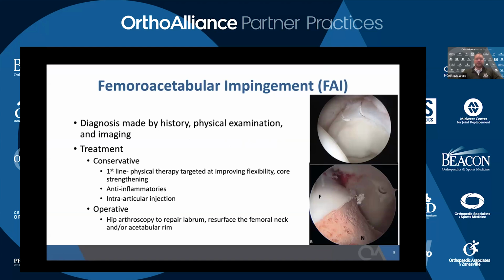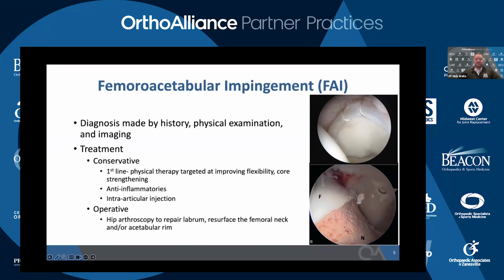And then in this condition in particular, we'll do an intra-articular injection, which is usually a cortisone as well as a numbing agent. And typically we like to see at least some temporary relief of the hip pain, which can be both diagnostic as well as potentially therapeutic and giving us information that the problem is within the hip. And then, if those modalities aren't providing enough relief, that's when we consider surgery like a hip arthroscopy.